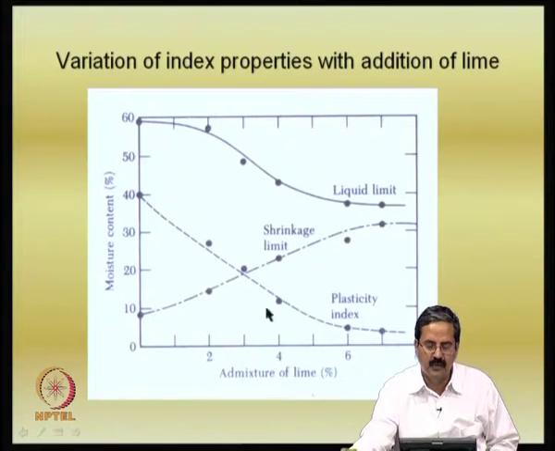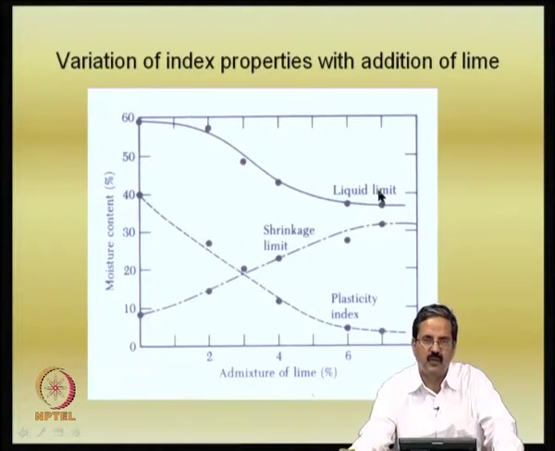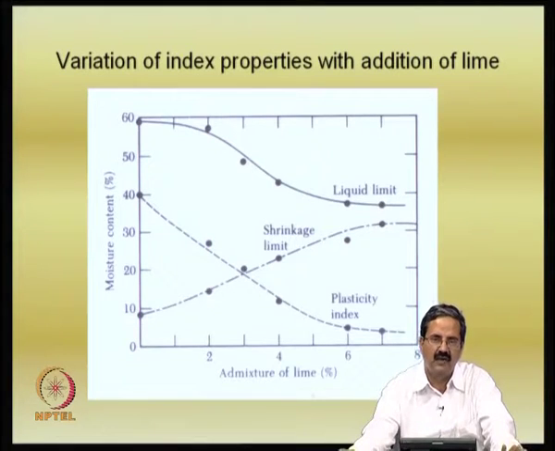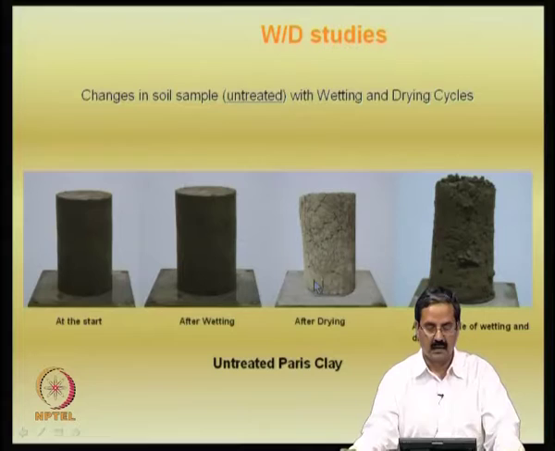But if you add lime, you see the difference is too big, like liquid limit minus shrinkage limit. You come somewhere here, the liquid limit is something like 40, 36 or so, and the shrinkage limit is also quite high. So, it is a very important thing that water content variations will not influence the response too much.